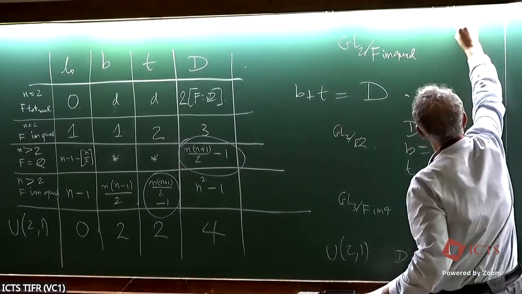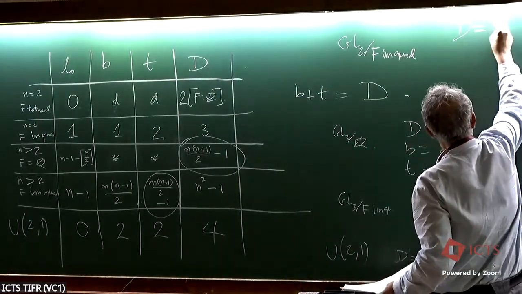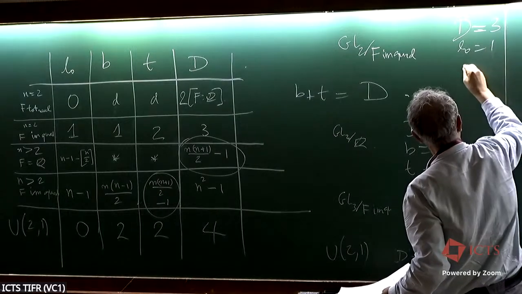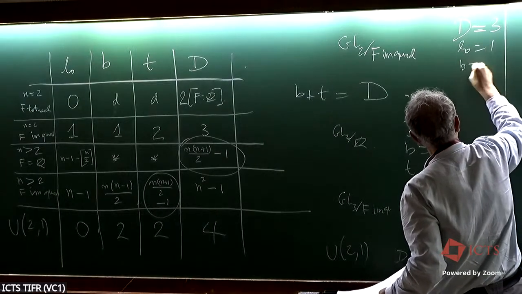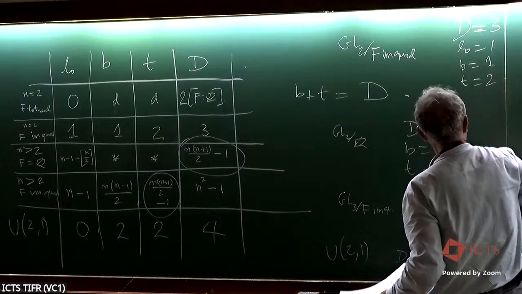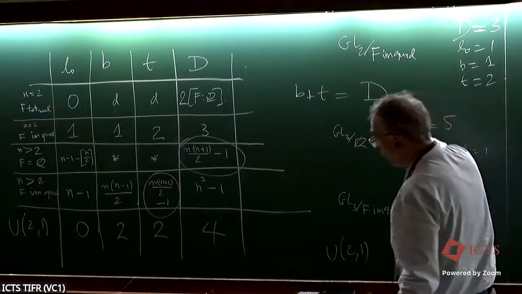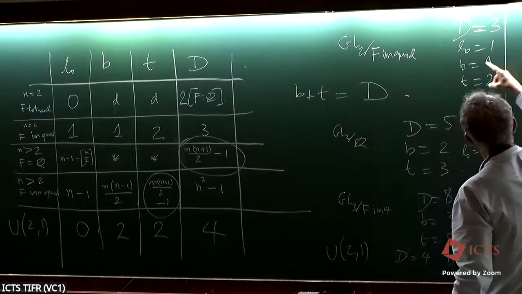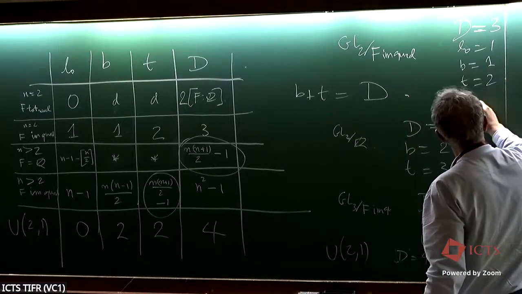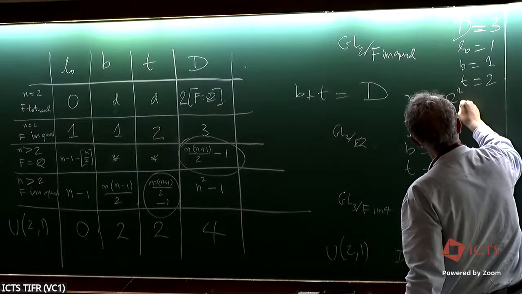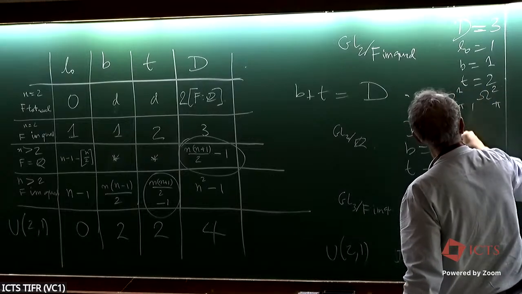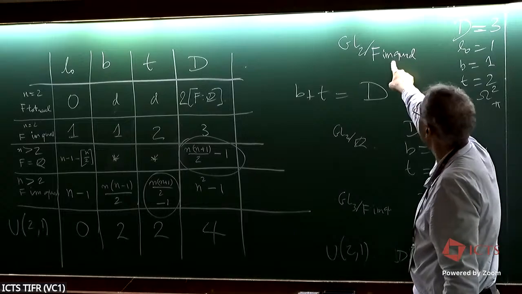So for that, D is 3, L0 is 1, bottom is 1, top is 2. And so you have two periods, omega 1 and omega 2. So Eric Urban defined omega 1 pi and omega 2 pi. There is no epsilon because the field is not real.